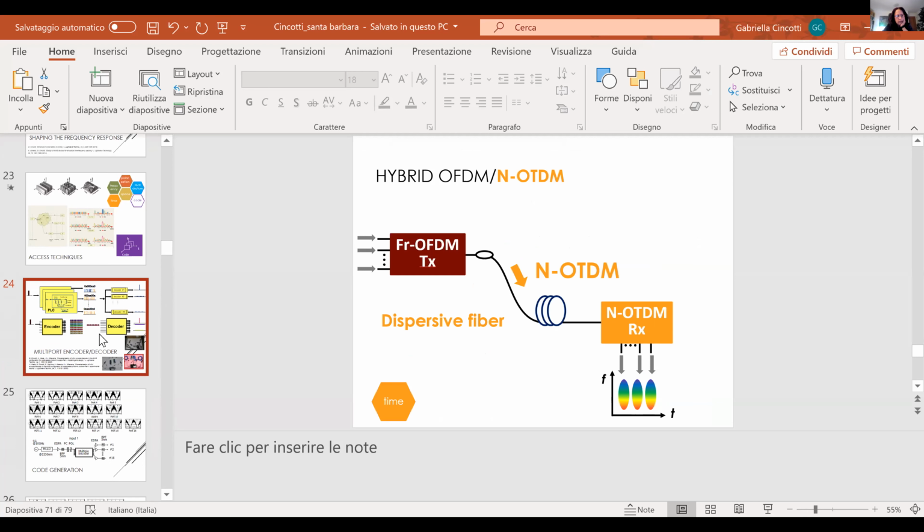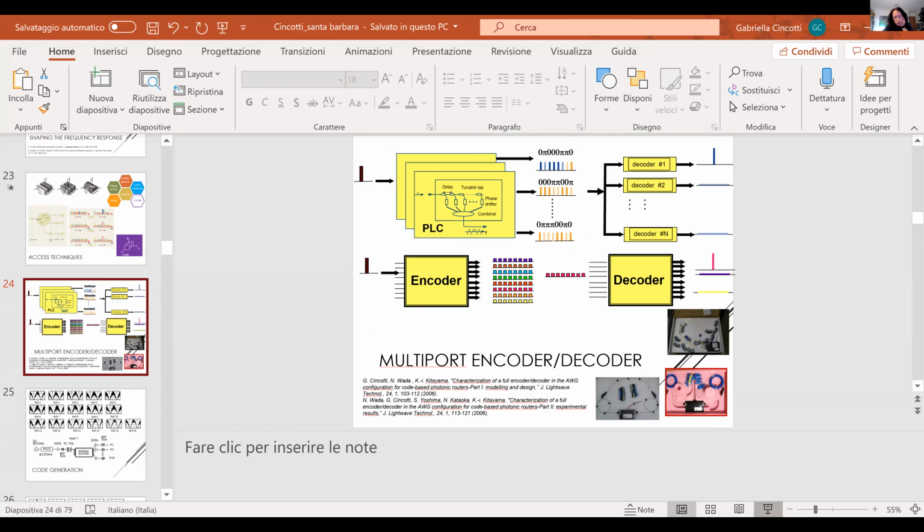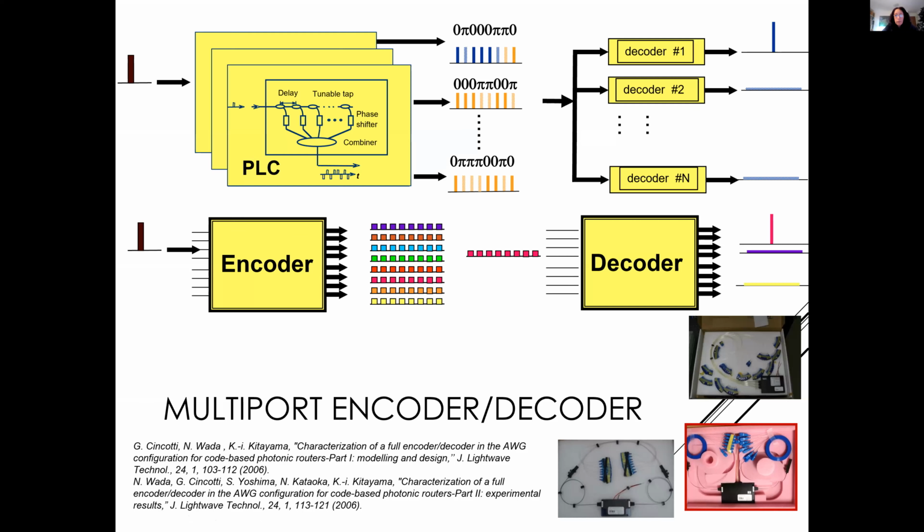Basically, when I started this research, that was 15 years ago, the devices available for encoding and decoding are shown here. Basically, for each code, you have a coupler and then a phase shifter and the combiner. And then you generate this code.